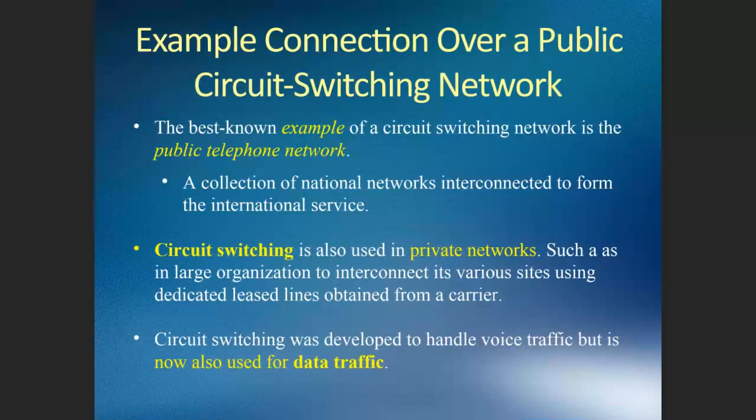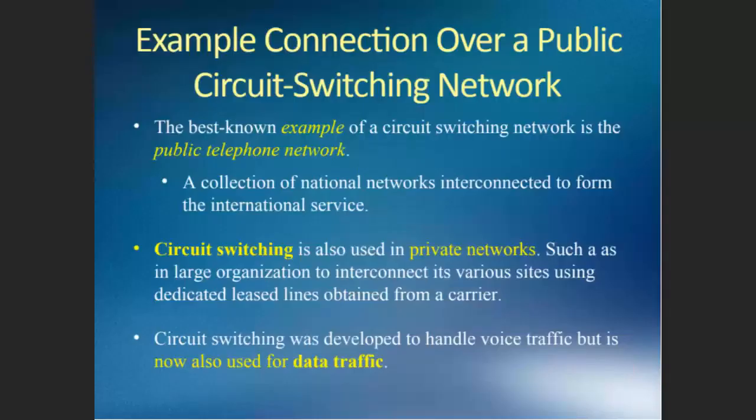So these are examples of connections over a public circuit switching network. The best known example is the public telephone network, PTN, a collection of national networks interconnected to form the international service. Circuit switching is also used in private networks, such as in large organizations to interconnect its various sites using dedicated leased lines obtained from a carrier.